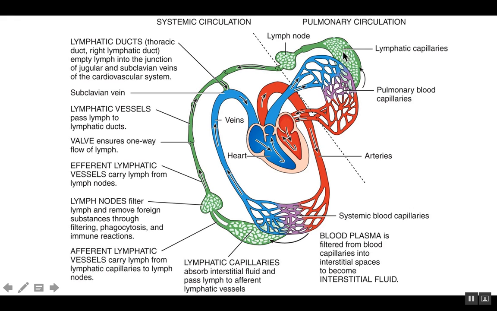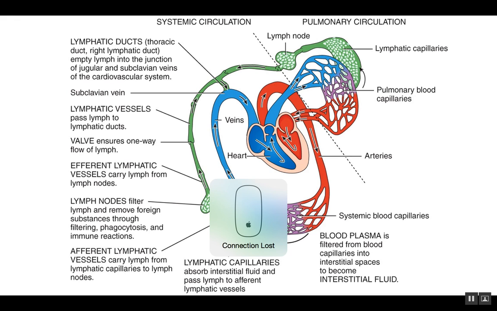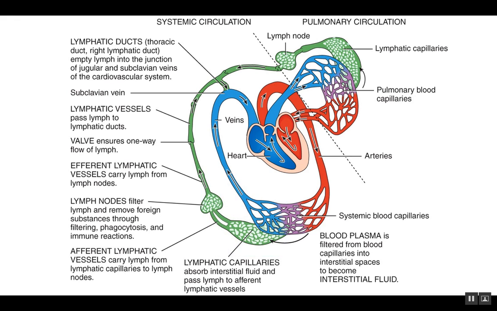So you're going to have lymphatic capillaries wherever you have pulmonary capillaries as well that drain that fluid. So this is kind of a schematic showing again that collection of interstitial fluid, which becomes lymph, filtering it through lymph nodes, and then bringing it back into the bloodstream at subclavian veins.